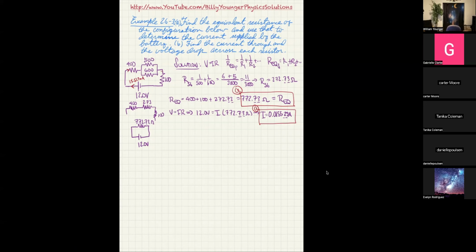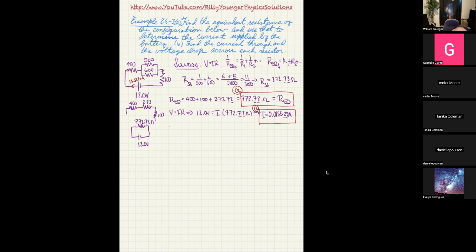It's also going to go through the 100, and not only that, it's going to split to make up what goes through the 500 and the 600. So we can use all that information to solve for the various currents.